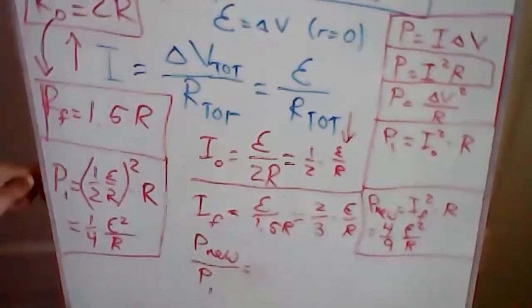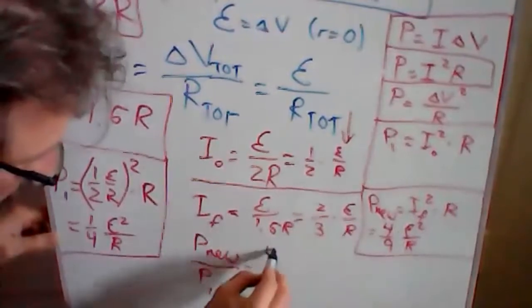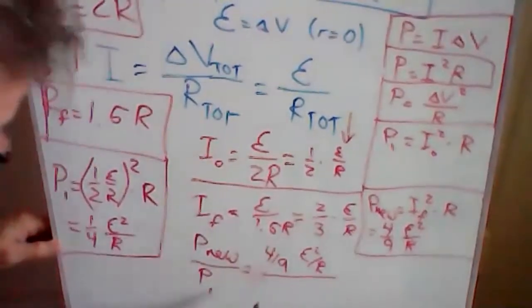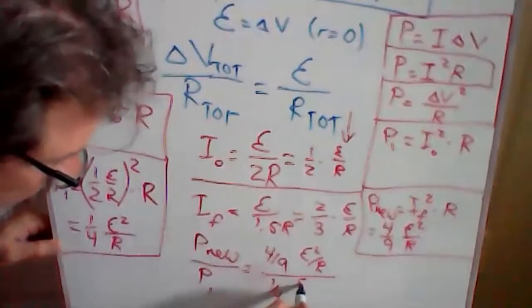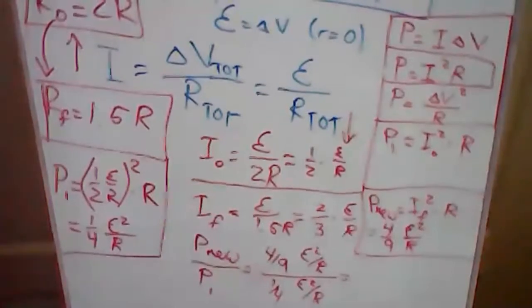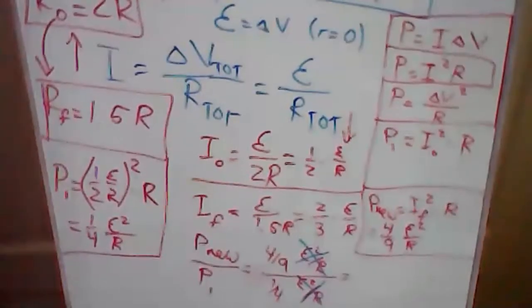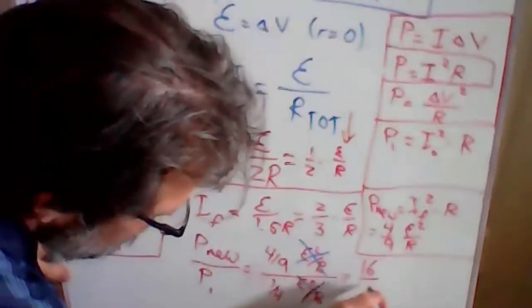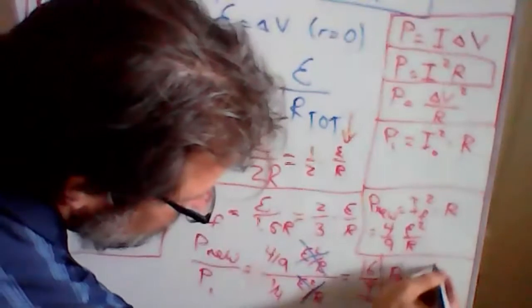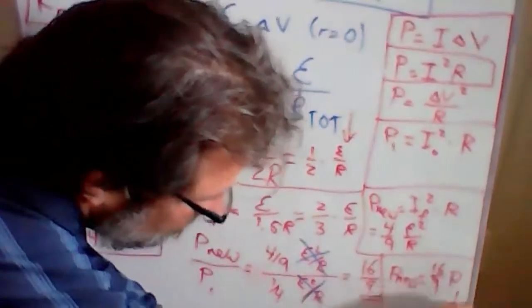P nu is 4/9 epsilon squared divided by R, and down here we have 1/4 epsilon squared divided by R. If we multiply that out, the epsilon squared over R cancels, and we get 4/9 divided by 1/4, which is 16/9. So the ratio is 16/9. Or another way of saying that is P nu is equal to 16/9 P1.